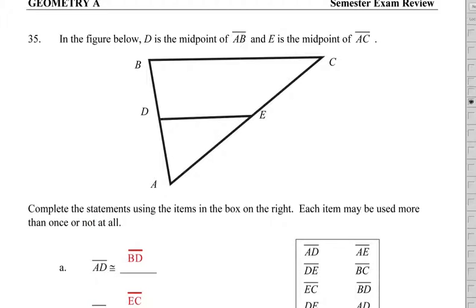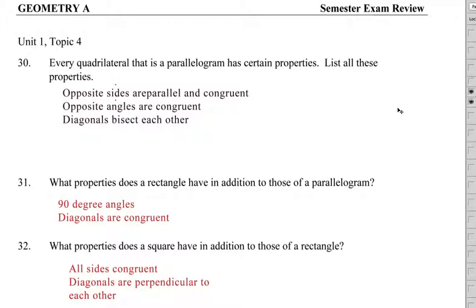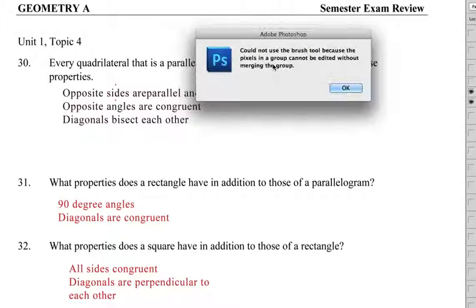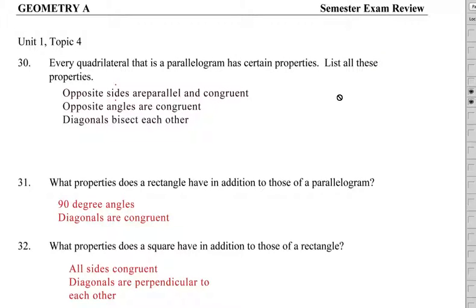And the next page, we've got number 30. Okay, I've already written down all these. So you can see if you got a parallelogram, okay, then you have opposite sides, right? And the opposite sides are congruent. Okay, so then the opposite angles are congruent.